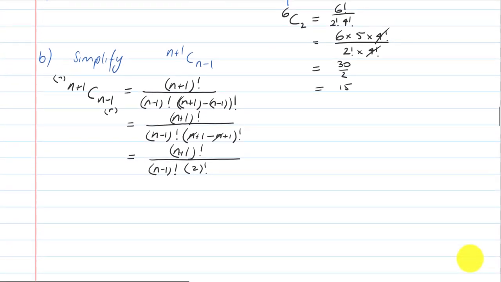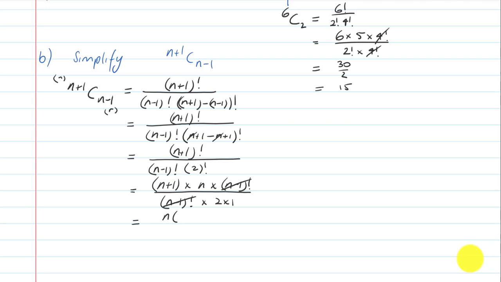I'm going to use the same rule as we had before, where I bring the (n plus 1) factorial down to the highest factorial in the denominator. So this becomes (n plus 1) times the one below that, which is n, times the one below that, which is (n minus 1) factorial, over (n minus 1) factorial times 2 times 1, because that's 2 factorial, and this cancels with this, leaving us n times (n plus 1) over 2.